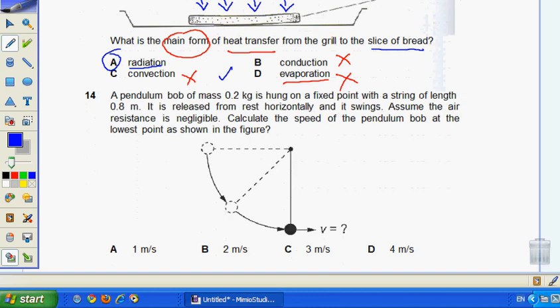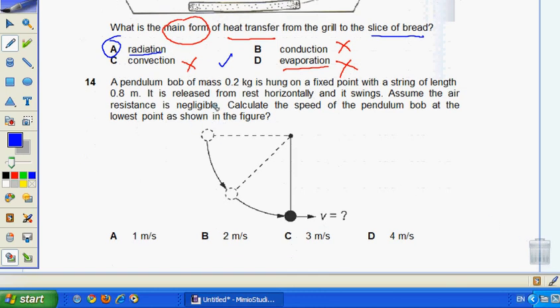For question 14, this question was a bit complicated, but we can recall it's a topic of energy. How do I know it's energy? Because there's a swing. This pendulum bob is swinging from here all the way down to this V here.